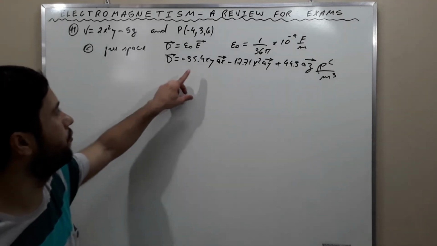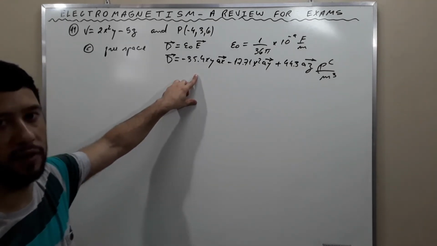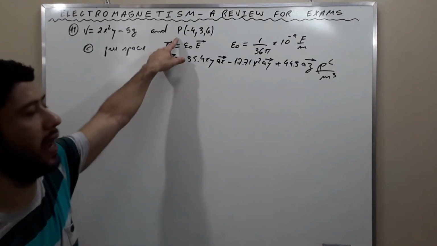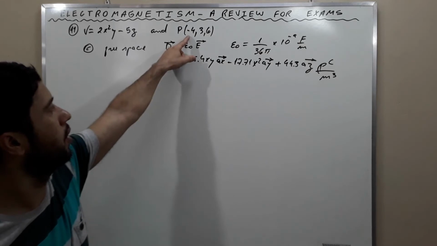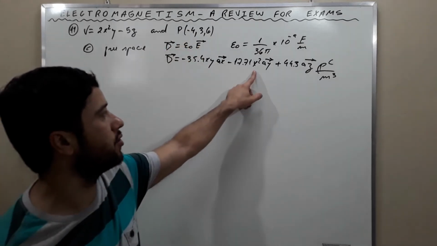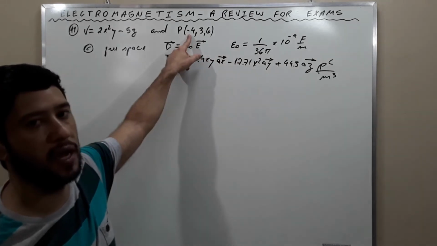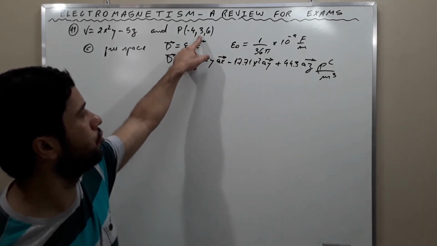And to find the value of the electric flux density at P, we simply substitute the values. For x, we have an x here and x squared here. You put negative 4. For y, you put 3.